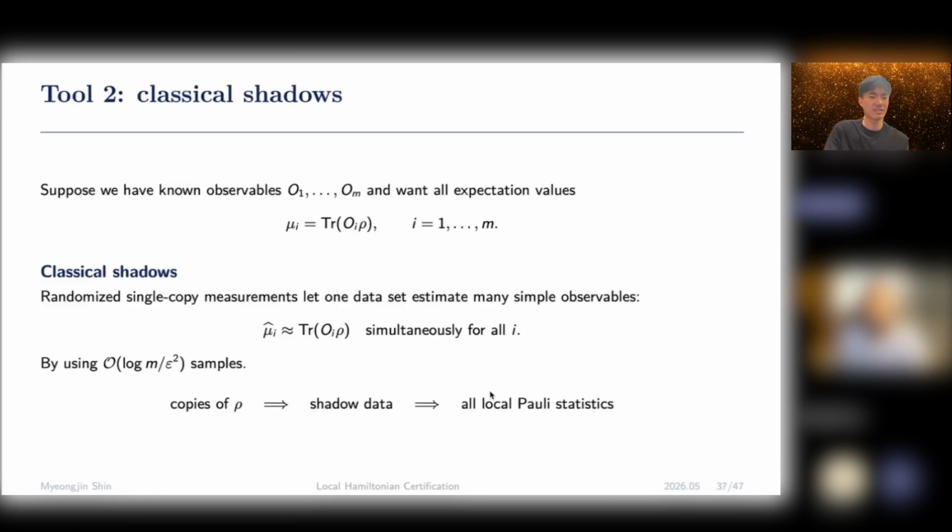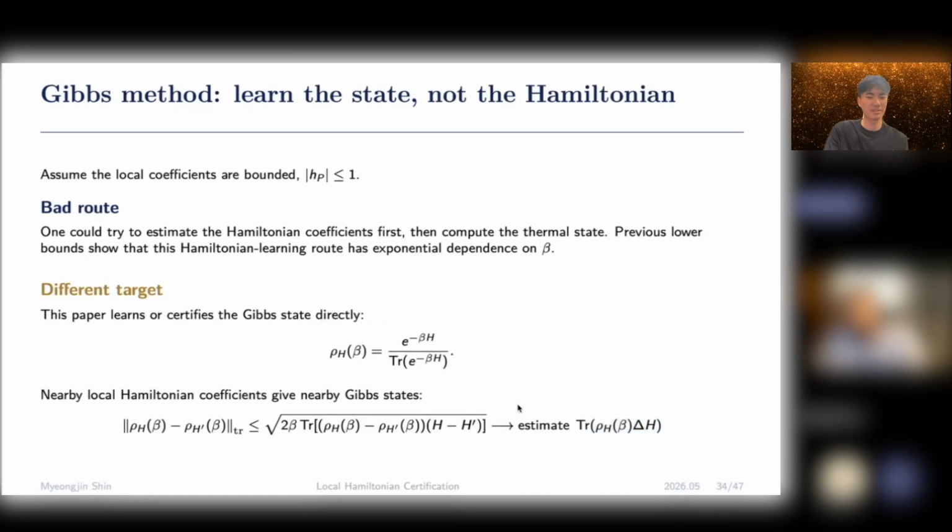So as you can see in this relation, if we can bound this quantity, we can bound the trace norm. So we're going to search the candidates of the possible H prime from the epsilon nets. In that searching procedure, we need to know which candidates are good or bad, so we need to get this estimate.